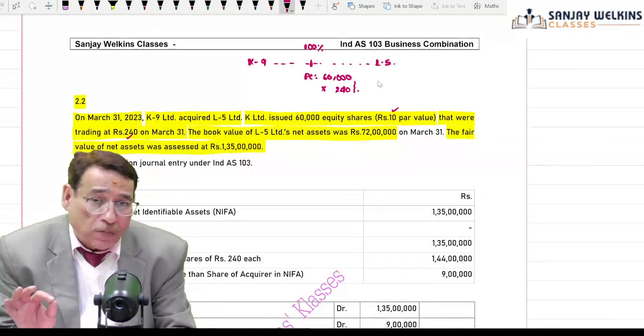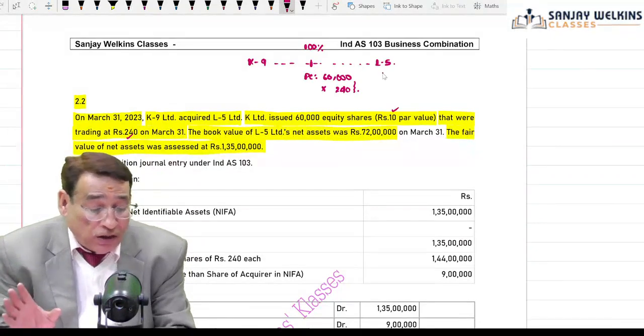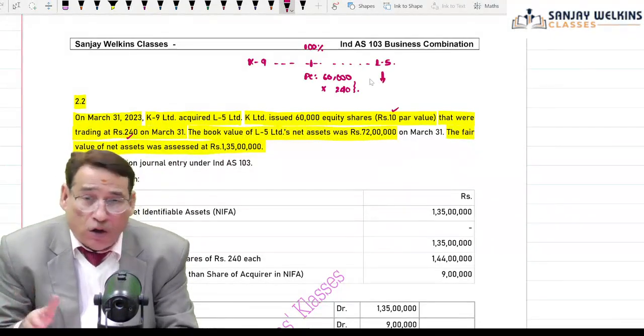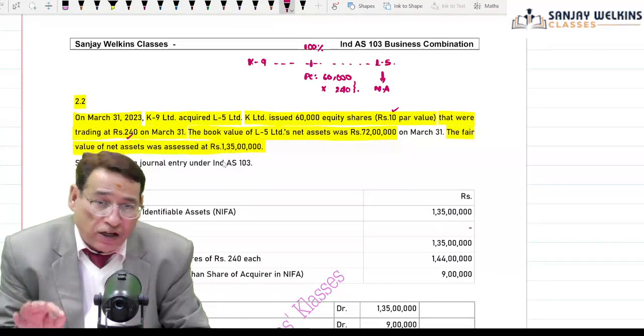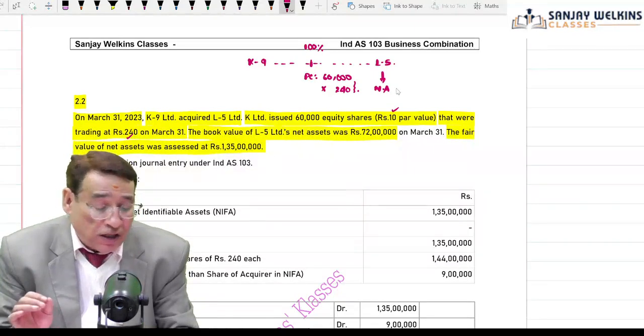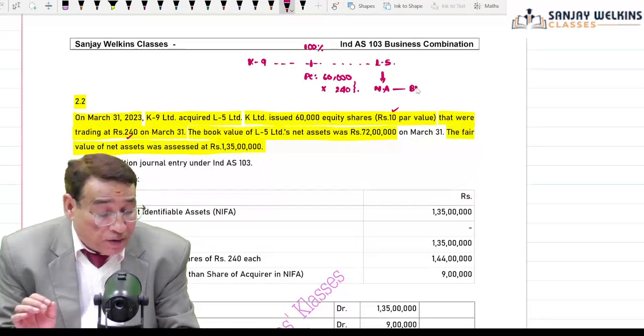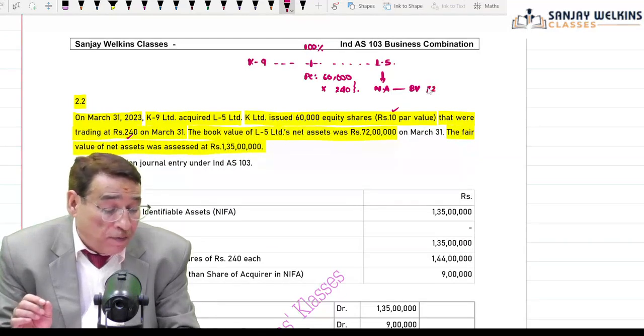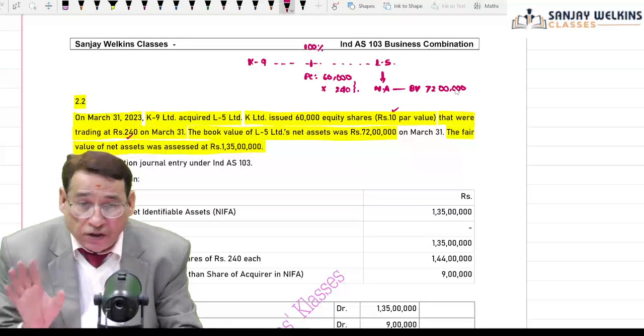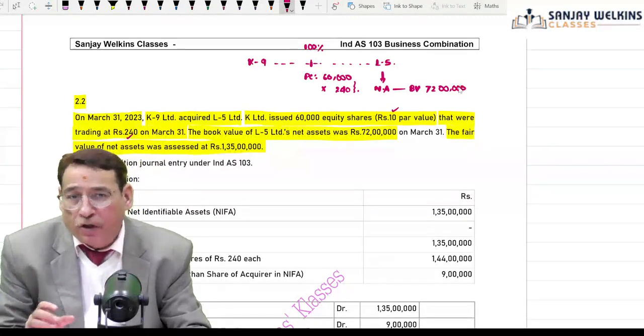Also given in this particular question is that on the date of acquisition, some information is given with respect to net assets of your acquiree company. It is given that on the date of acquisition, net assets were there having a book value of 72 lakh. The book value of the net asset is 72 lakh, but we are not concerned with the book value.